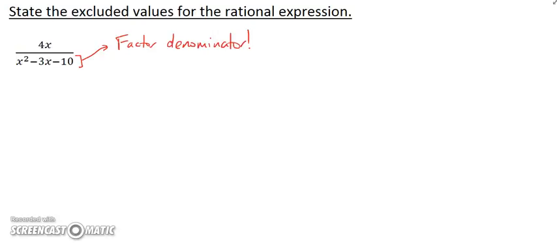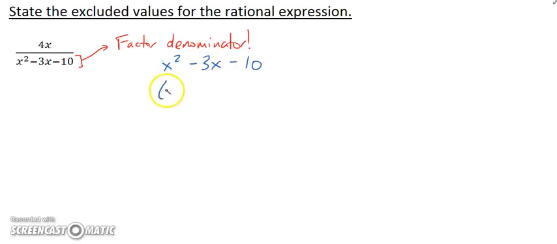Our rational expression is 4x divided by x squared minus 3x minus 10. So let me take that denominator and factor it off to the side. X squared minus 3x minus 10. Can that factor? This is sum and product factoring, right? I'm looking for 2 numbers with a sum of negative 3 and a product of negative 10.